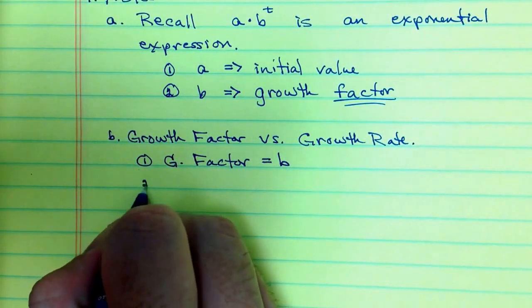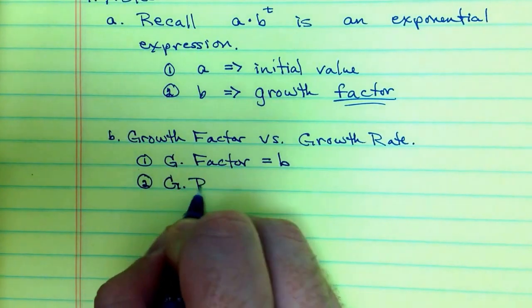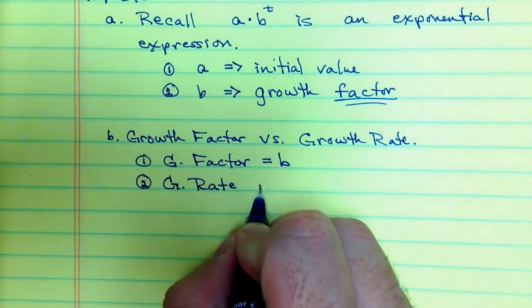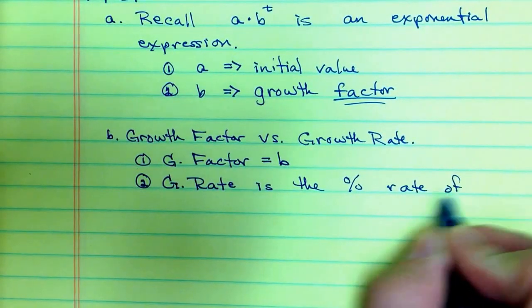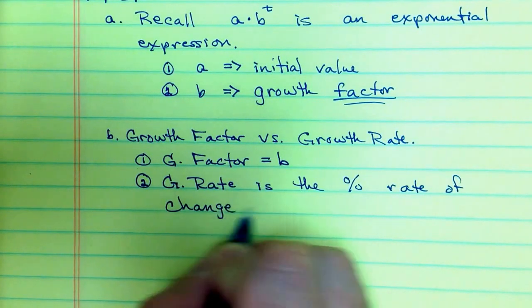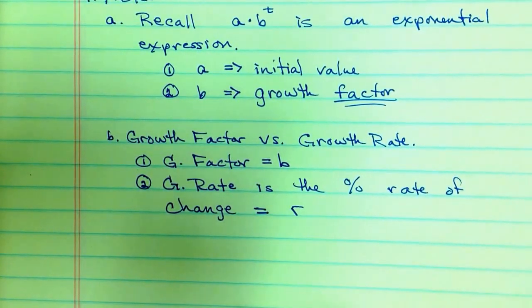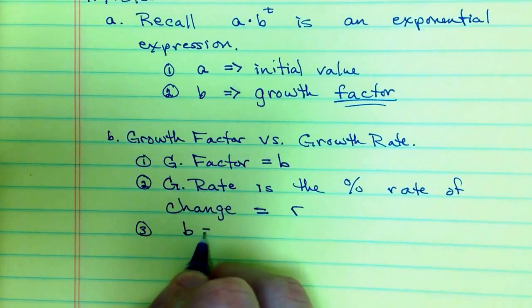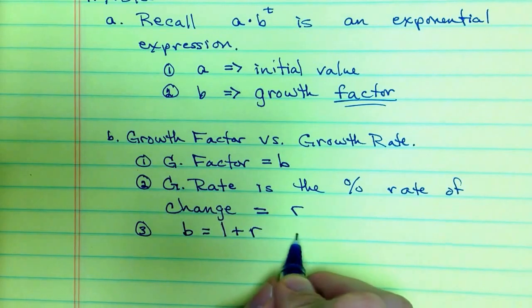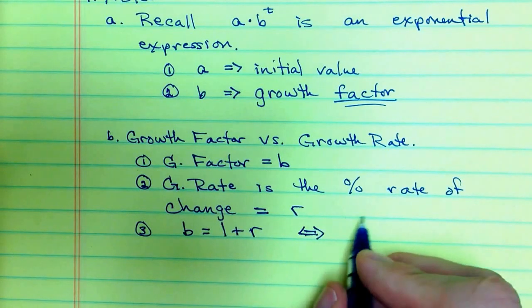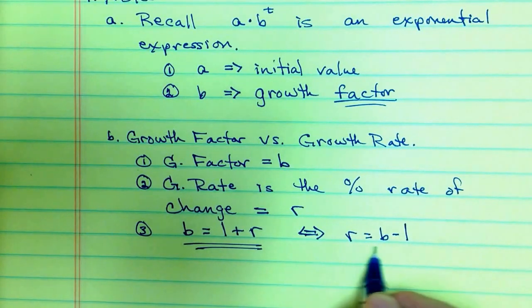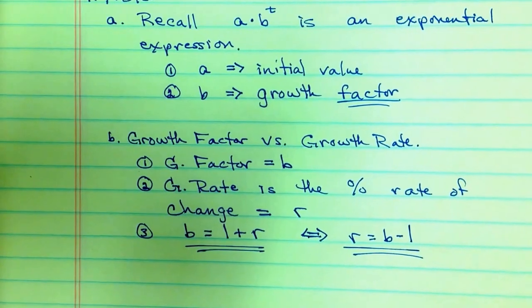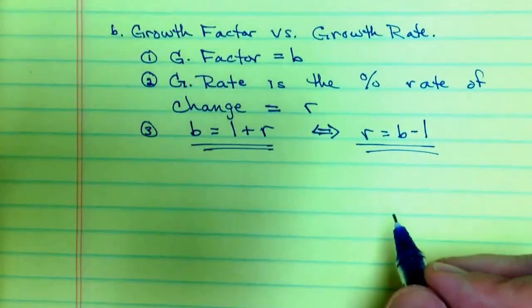But the growth rate is the percent rate of change, and we're going to denote that with a lowercase r. So what's the relationship? The growth factor is equal to 1 plus r. Therefore, if I solve this for r, I get r equals b minus 1. So these are two little equations we're going to use a lot to go back and forth between the two.